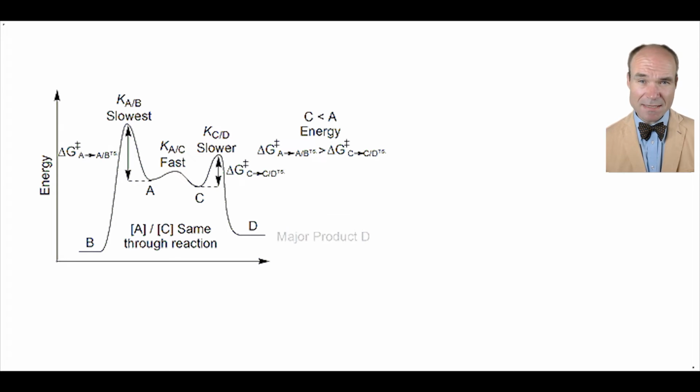These factors make D become the dominant product.